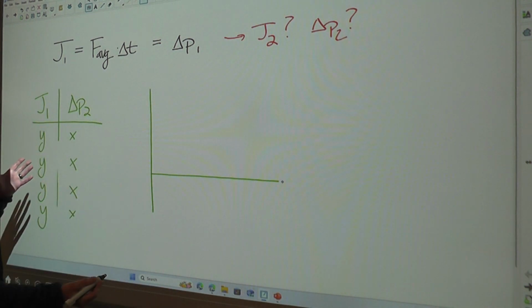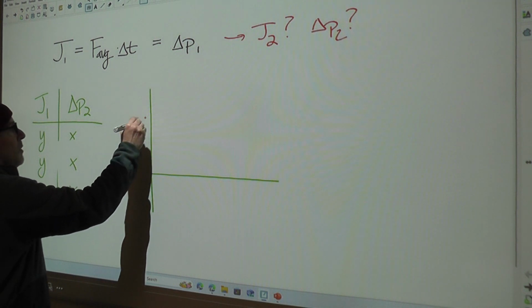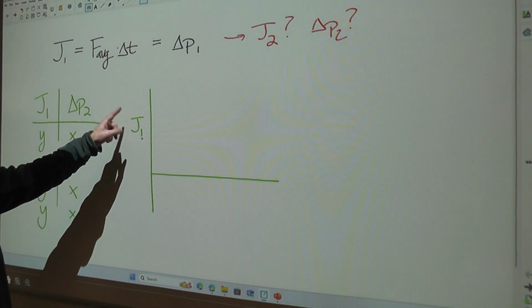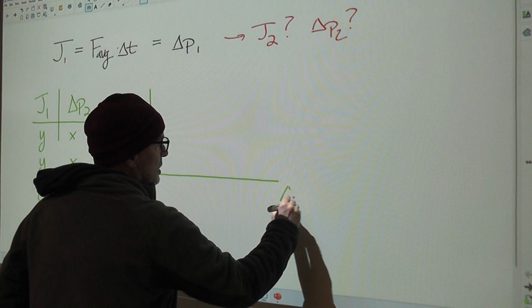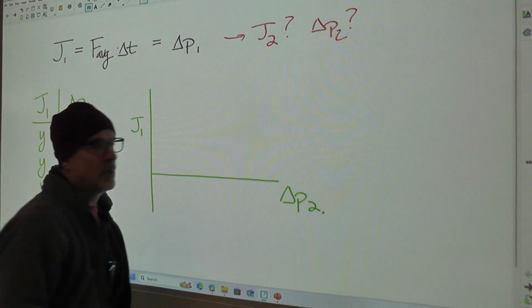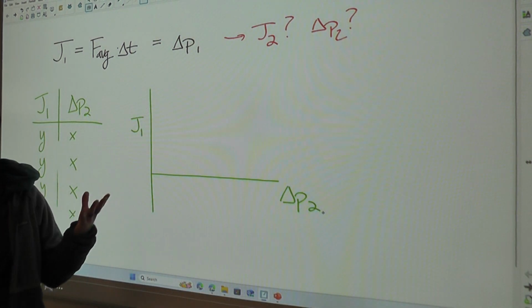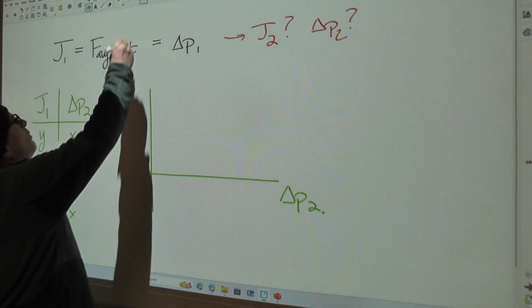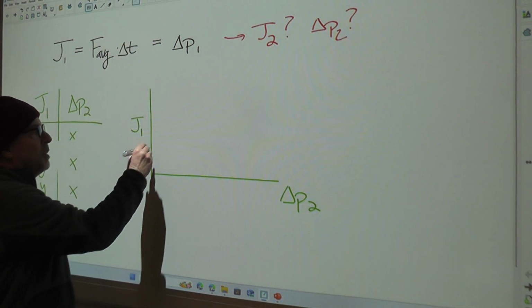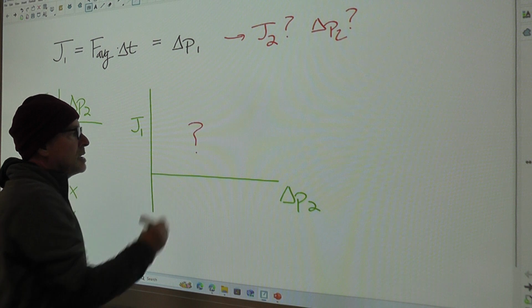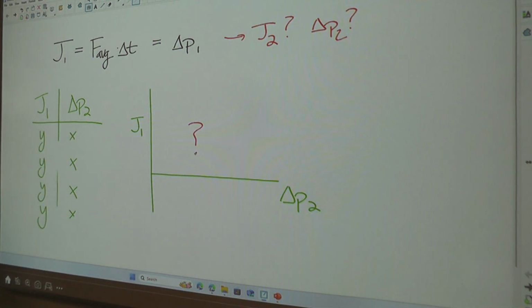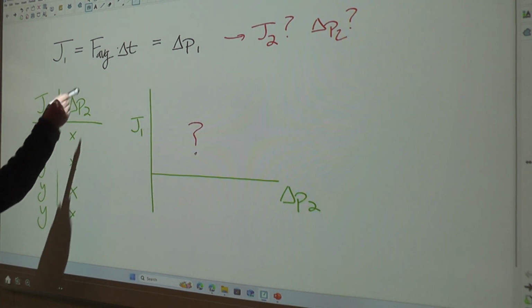If we were to graph it this way, we'll have the impulse acting on one cart on our y-axis, the change in momentum of the other cart on the x-axis, and then we might see some relationship. We didn't know what it was going to be, but there was going to be some potential interpretation of that graph.